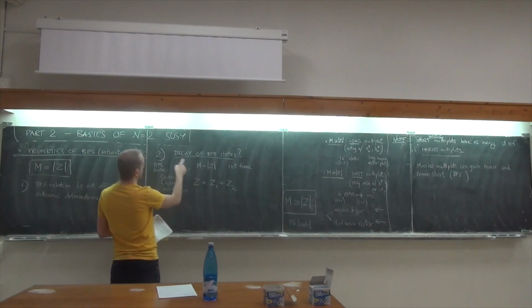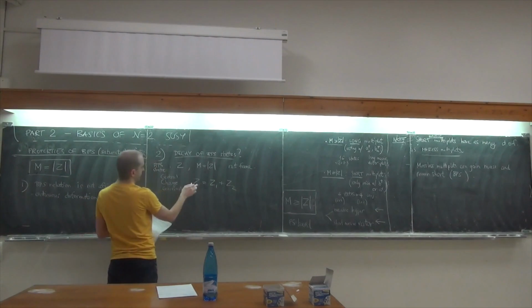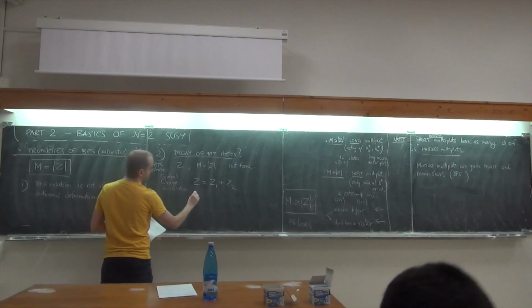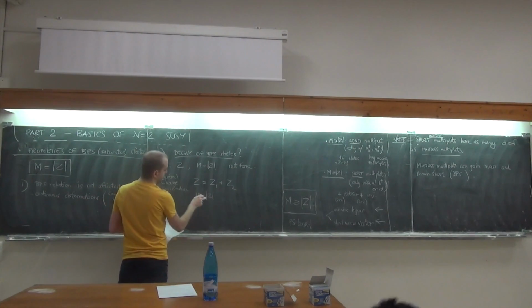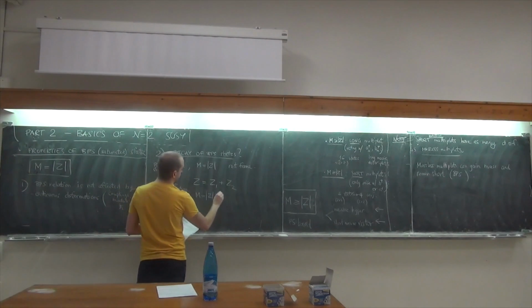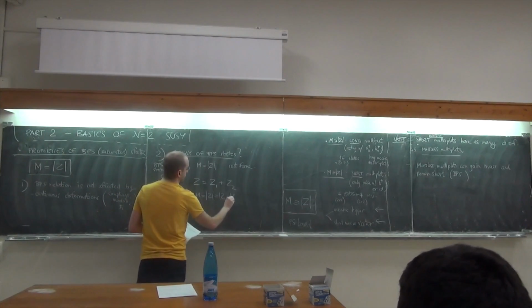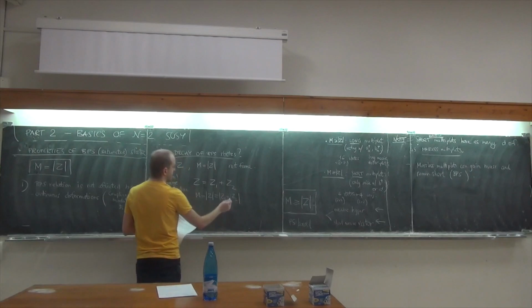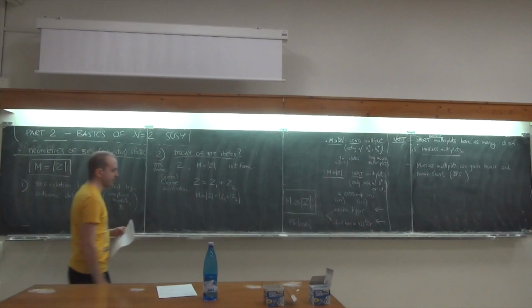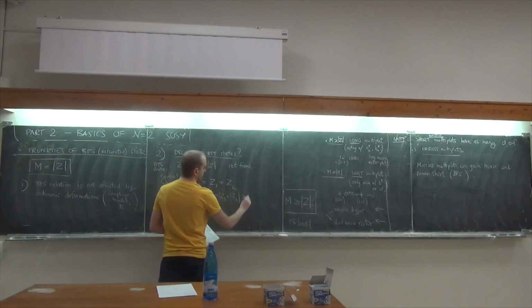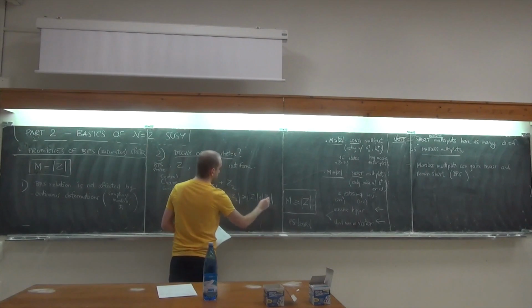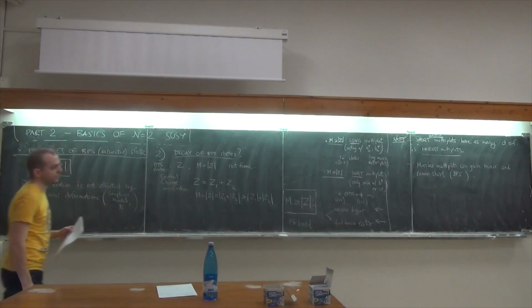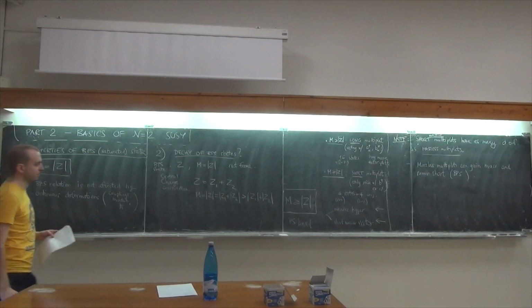Now if you use the BPS bound and the fact that this state is actually BPS, the mass of the original state, which is the absolute value of Z, has to be equal to the absolute value of Z1 plus Z2 by central charge conservation. Then by the triangular inequality, this is smaller than or equal to the sum of the absolute values.